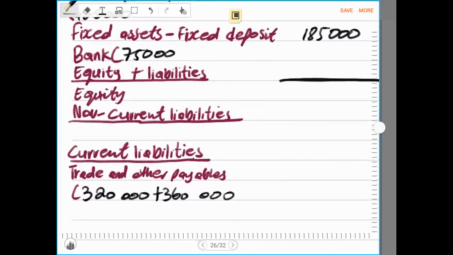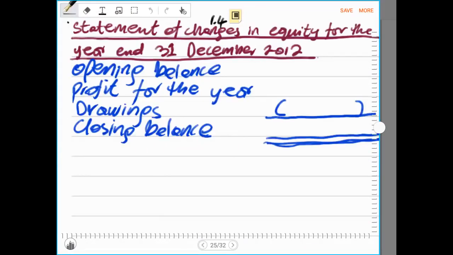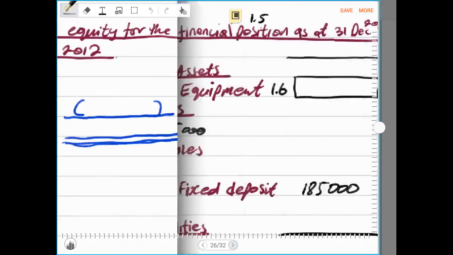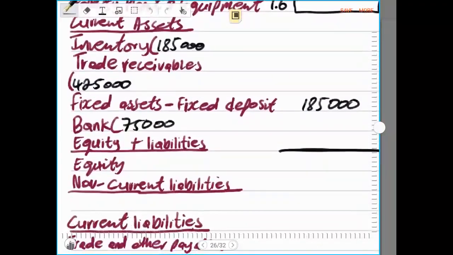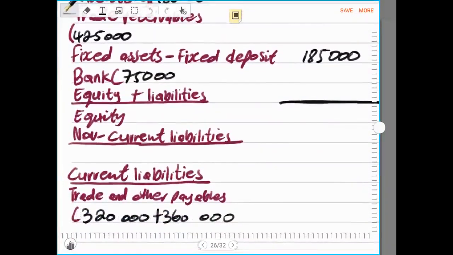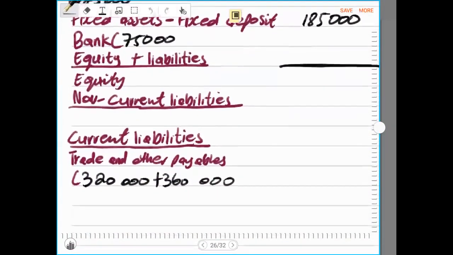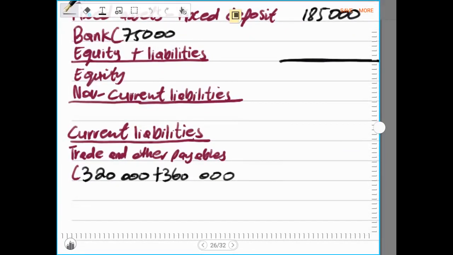This amount of the equity will come from the statement of changes in equity here. It will be taken from here, so I will record that immediately when I am done. Bank is 75,000 rands. There might be an adjustment, so hence I open brackets for that. And after that we have this amount of trade and other payables. Let me erase this.